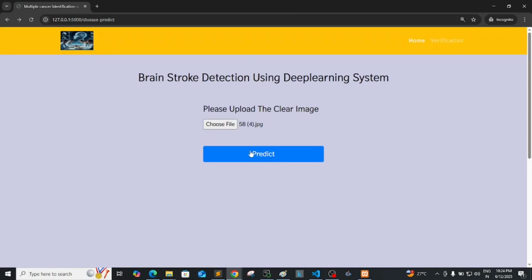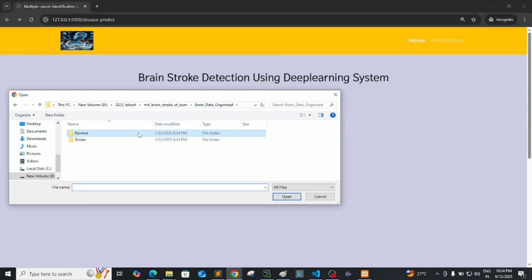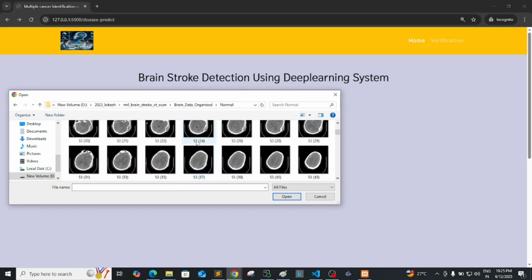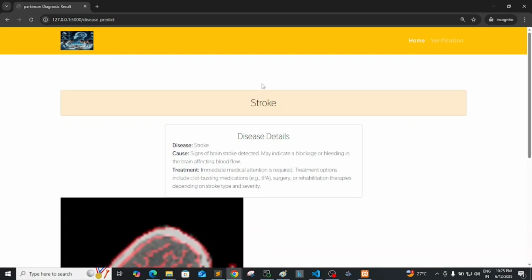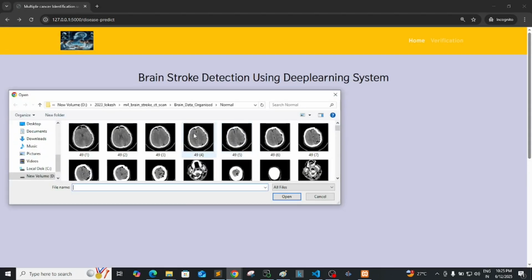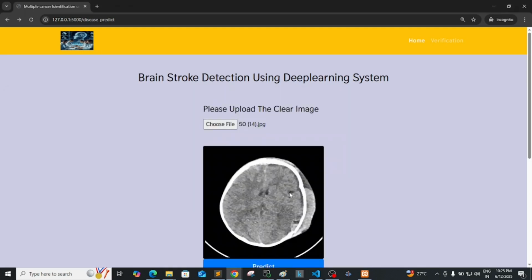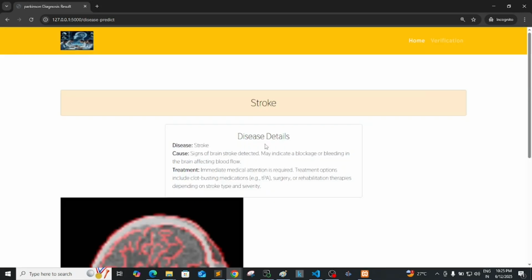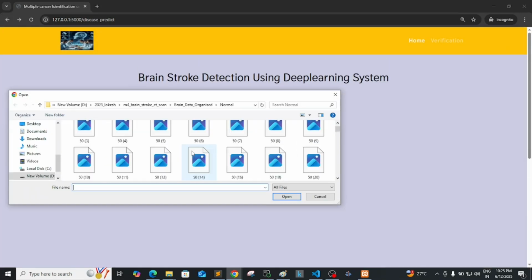And then we can try a few more images here. Go for LD. You can try anything, like combinations and permutations. You can upload a few more images and try. You need to check with multiple images.